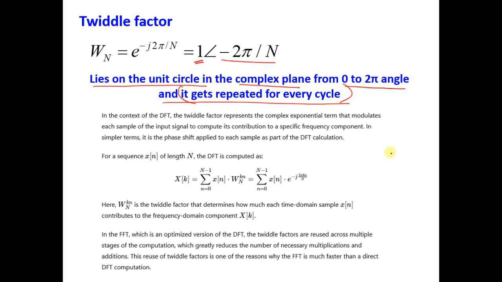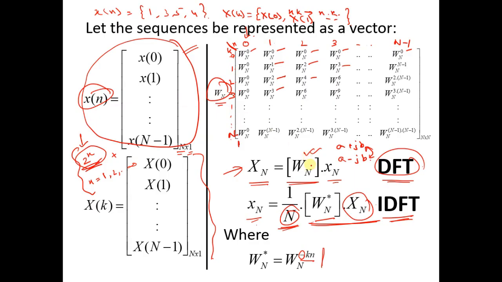Okay, and here I have given you some notes. These notes will be useful for you while you prepare for the examinations. So in the context of the DFT, the twiddle factor represents the complex exponential term that modulates each sample of the input signal to compute its contribution to a specific frequency component. What it is saying is that you are basically multiplying x[n] with W_N, so all of the signal components are getting multiplied with some frequency components.